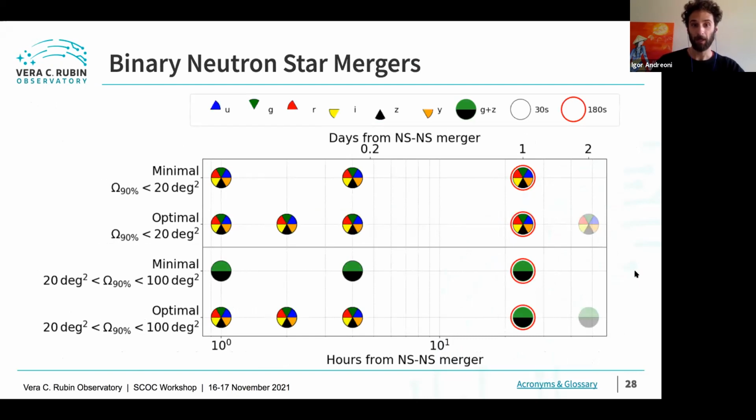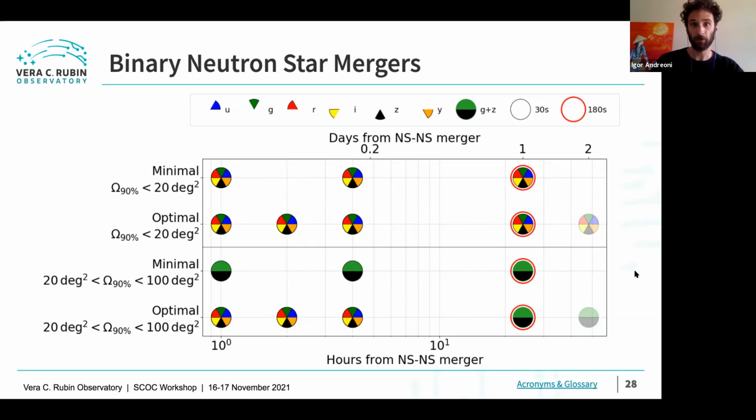So in practice, how can we make this happen? In the paper that Raf mentioned before, we're suggesting to perform at least 2 observations in multiple bands on the first night that is available for observations after a merger happens. It's very important that we have at least about 4 hours separation between the first and the second or third set of observations, such that we can monitor rapid evolution of transients.